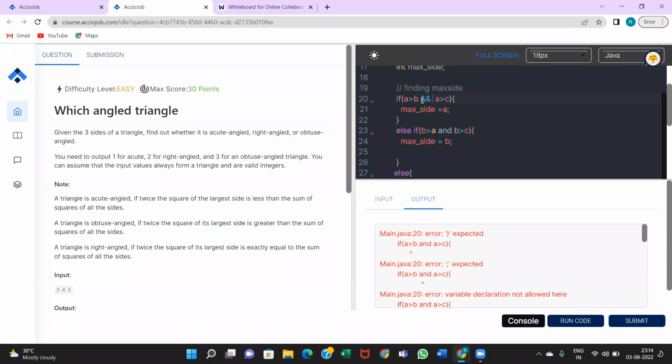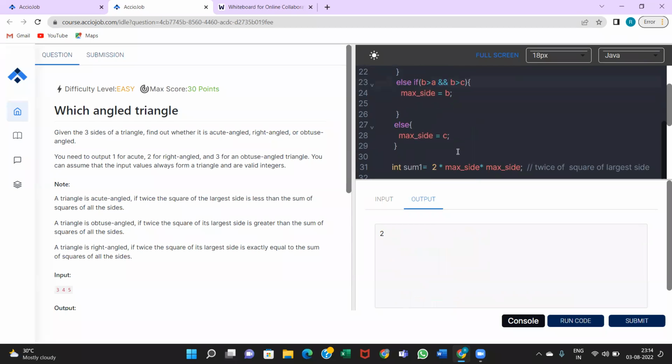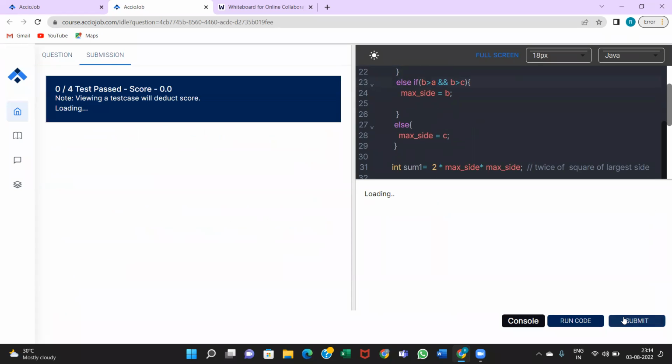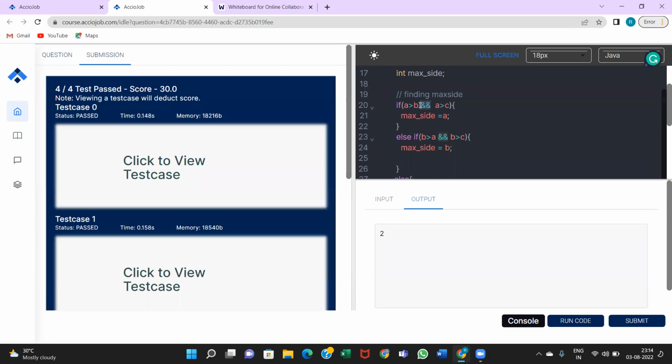I have a habit of coding in C++ and there this works. Actually, I was using a wrong AND operator. You have to put two ampersands for this. So this code is working.